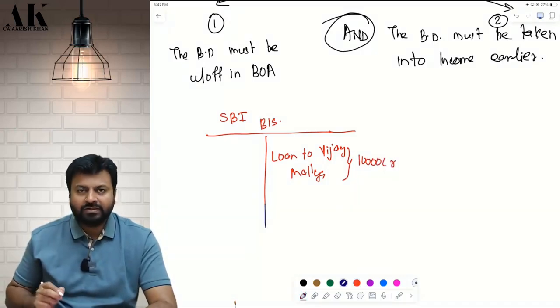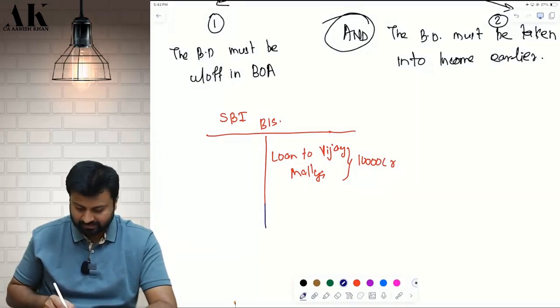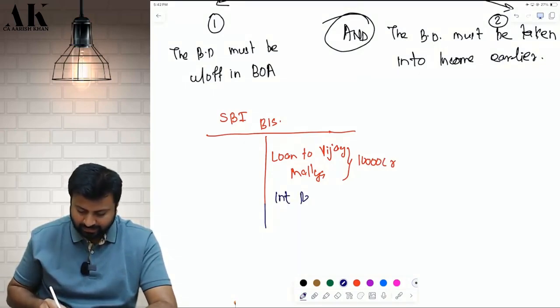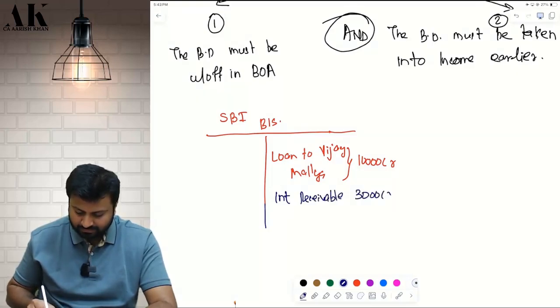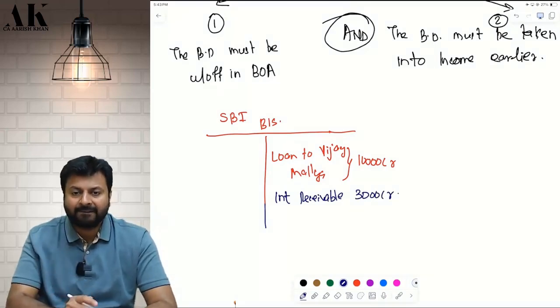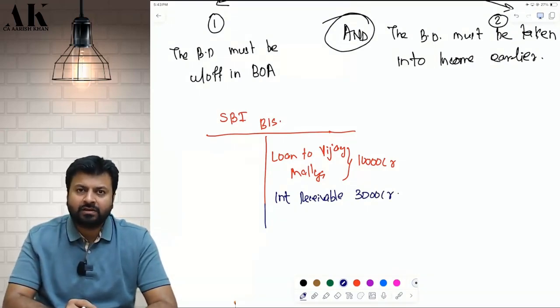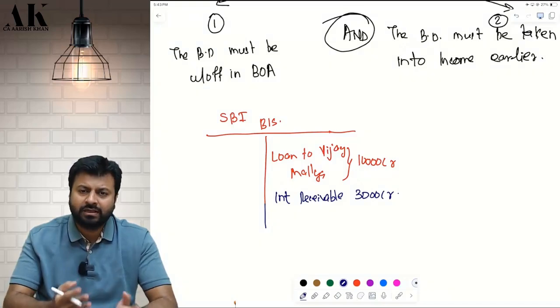Now, we all know what Vijay Mallya has done. Okay. He has run away. So there is some interest receivable in the name of Vijay Mallya in the balance sheet of SBI, say 3,000 crore. So Vijay Mallya is supposed to pay 10,000 crore rupees loan and 3,000 crore rupees interest. Suppose Vijay Mallya ran away. He has really run away.